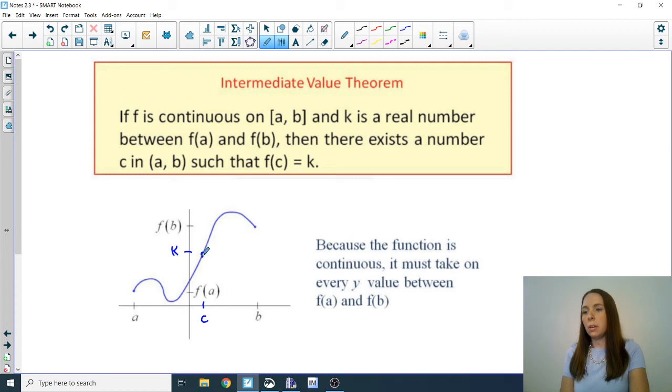So basically it just guarantees the existence of a y-coordinate. That's what the intermediate value theorem does.